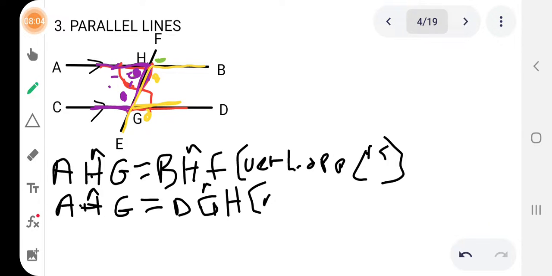Therefore, reason: alternating angles, because AB is parallel to CD.